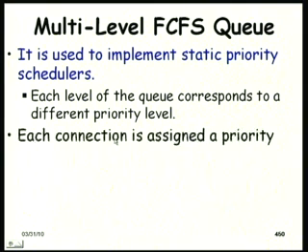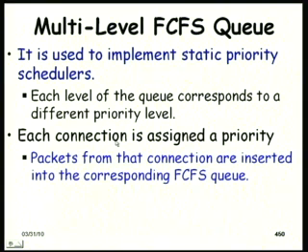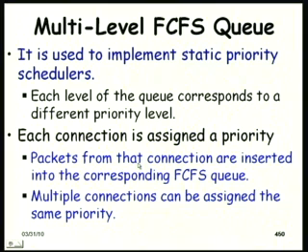Each level of the queue corresponds to a different priority level, and naturally each connection is assigned a priority, and two connections may even have the same priority. Depending on the priority of the connection, it is inserted in the corresponding FCFS queue. Multiple connections can even have the same priority.